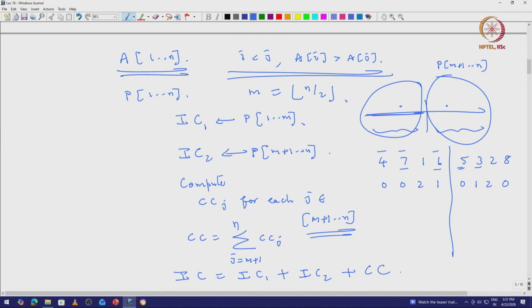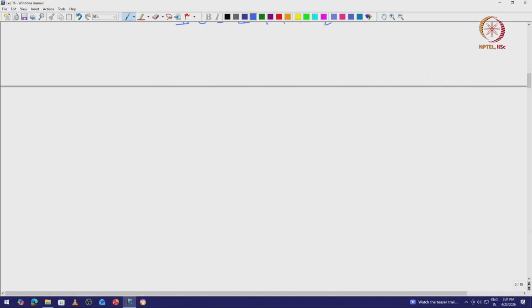What is the maximum inversion count possible? n times n minus 1. The permutation in reverse, totally opposite to your taste. Then this is 0, 1, 2, all the way to n minus 1.